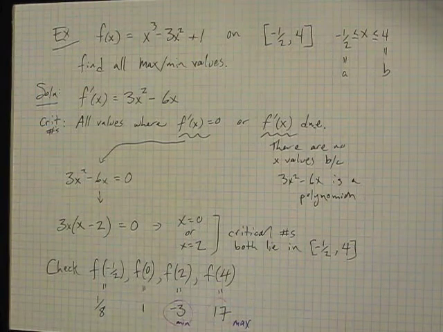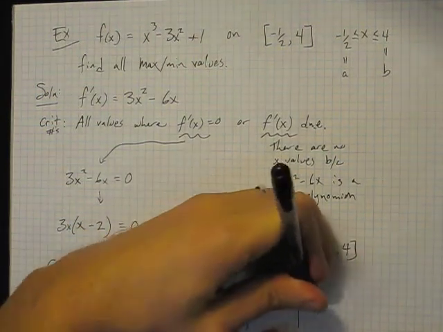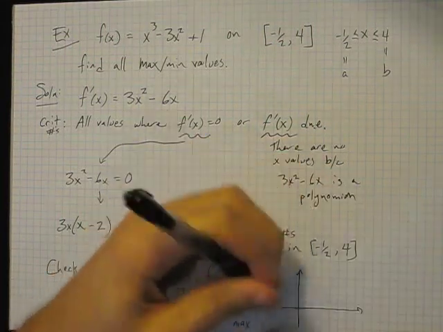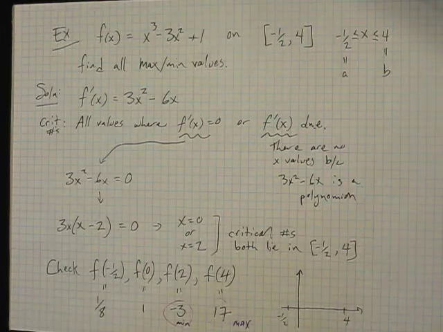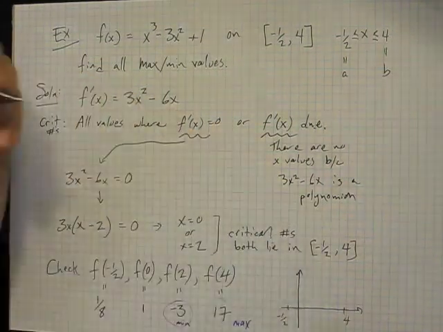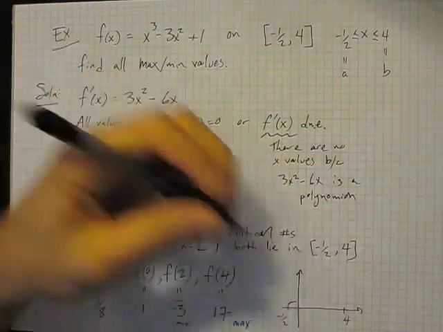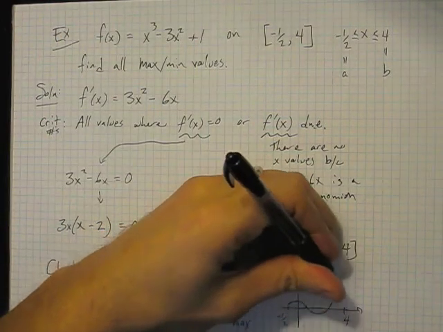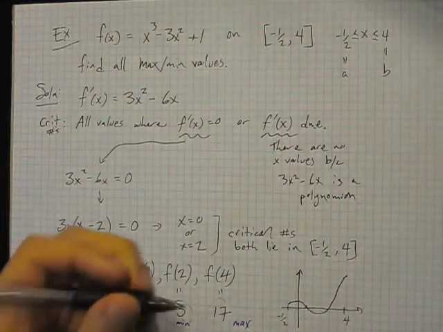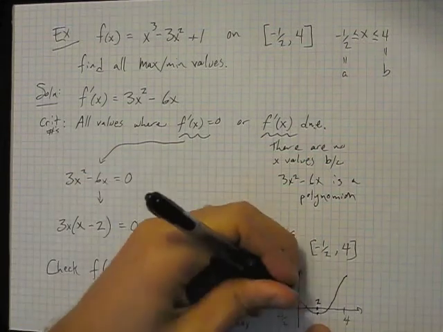Okay. So if we draw a graph of this function, it would look something like this. I mean, we haven't drawn the graph, but if we were to draw the graph of this function, so here's minus a half, here's 4. The graph of this function looks something like this. Something like that. And so we would see that right here at 2 we have this local minimum.